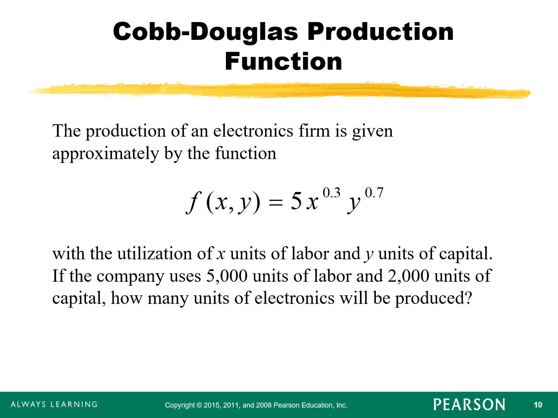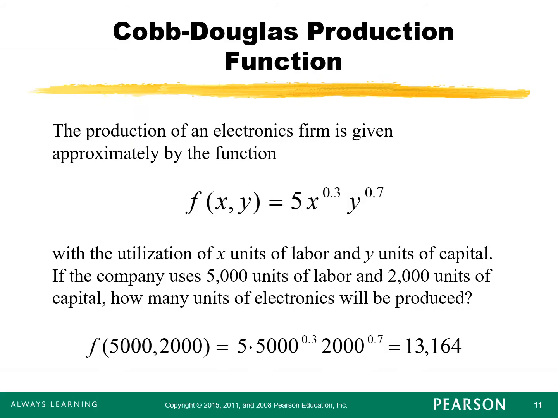Anyway, we see x equal to labor equal to 5,000, and y equal to capital equal to 2,000. So we are going to put 5,000 when we see x, and 2,000 when we see y. The answer will be 13,164.